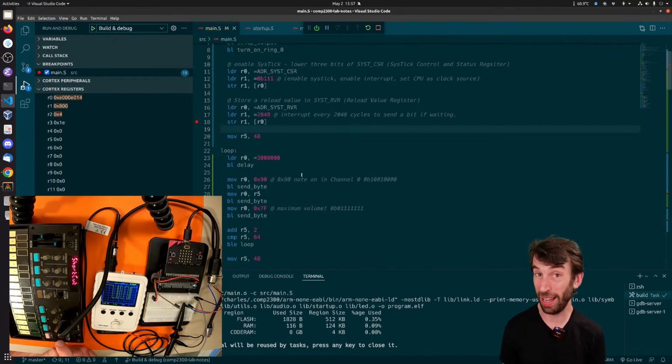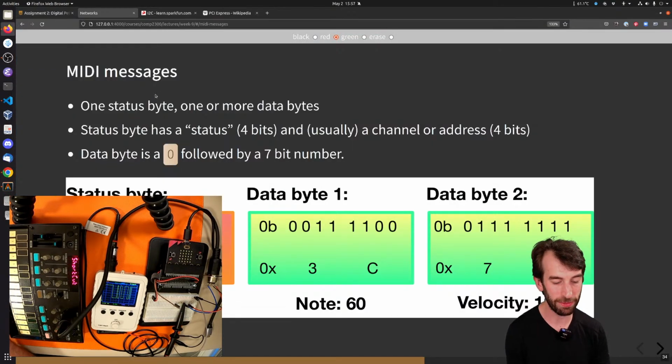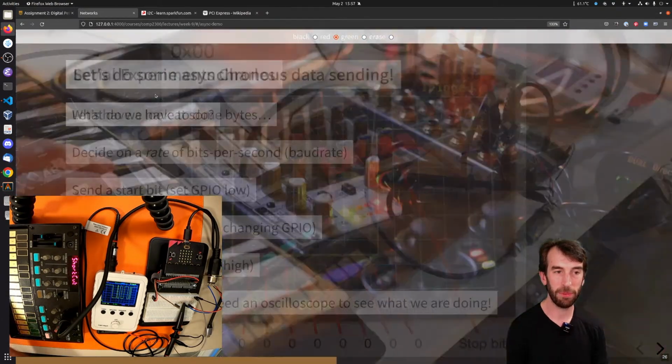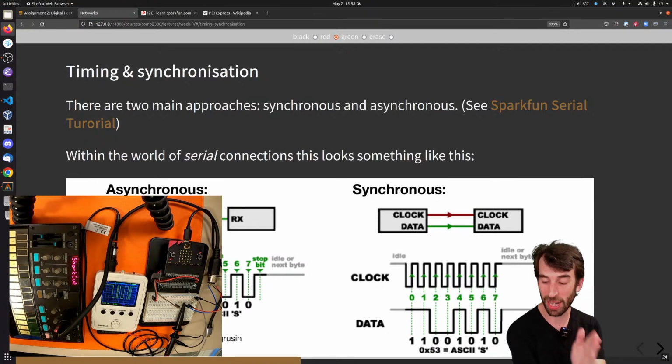It did take me a while to work out this example, but not that long. And I knew what I wanted. If we go back to first principles, we need to have a start bit, a stop bit, and 8 data bits at a certain rate. That's not that complicated. You can do that with GPIO controlling, and you can use a timer to time them out.